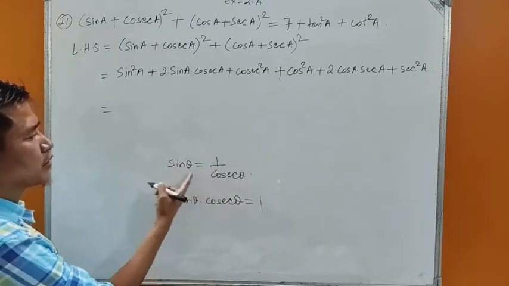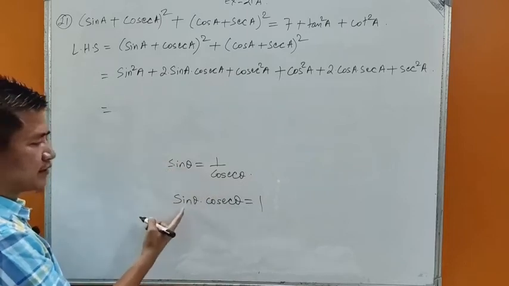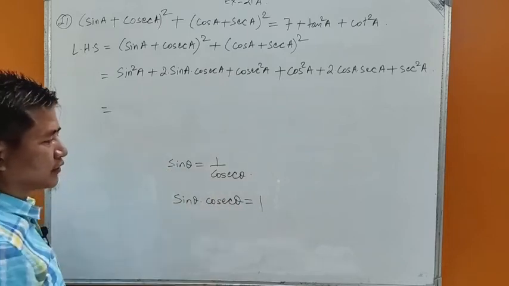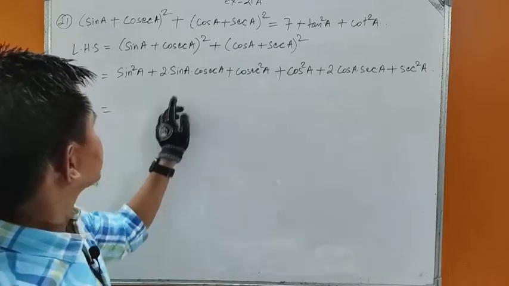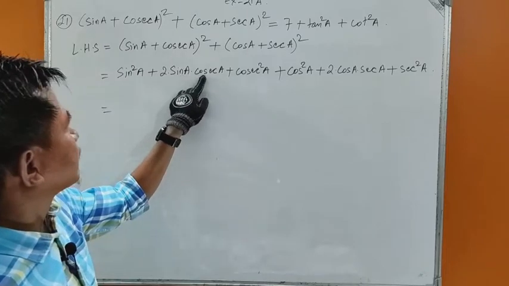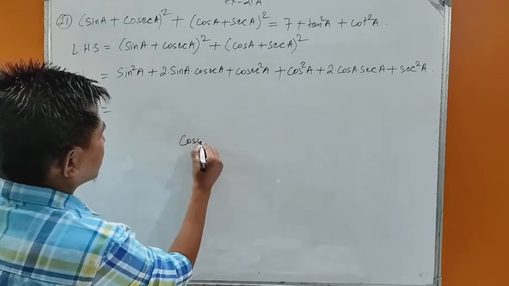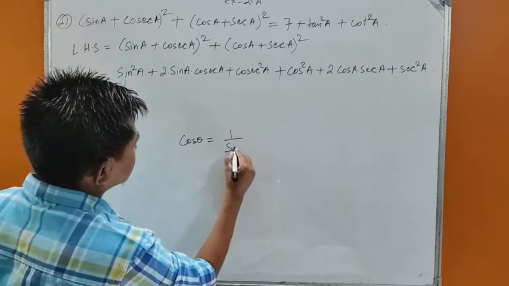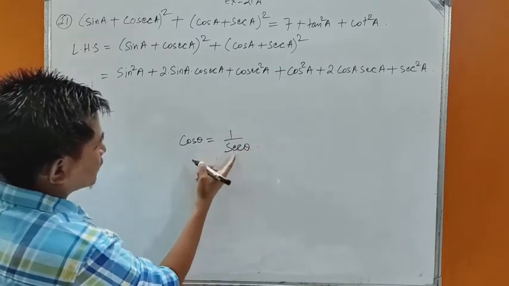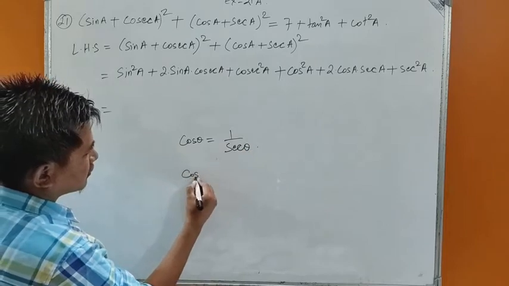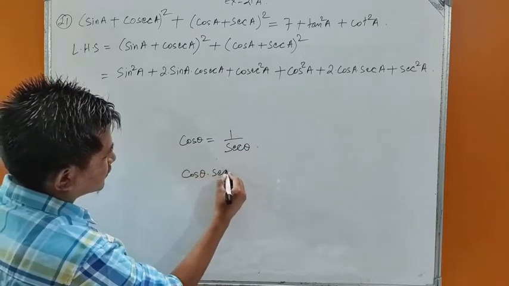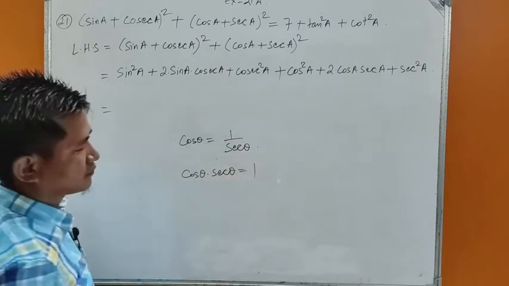We are just cross multiplying cosec theta with sin theta. Sin theta into cosec theta equals 1, isn't it? So instead of this sin theta and cosec theta, I can write 1. So same goes here. Cos theta equals 1 upon sec theta, isn't it? That means cos theta into sec theta equals 1.